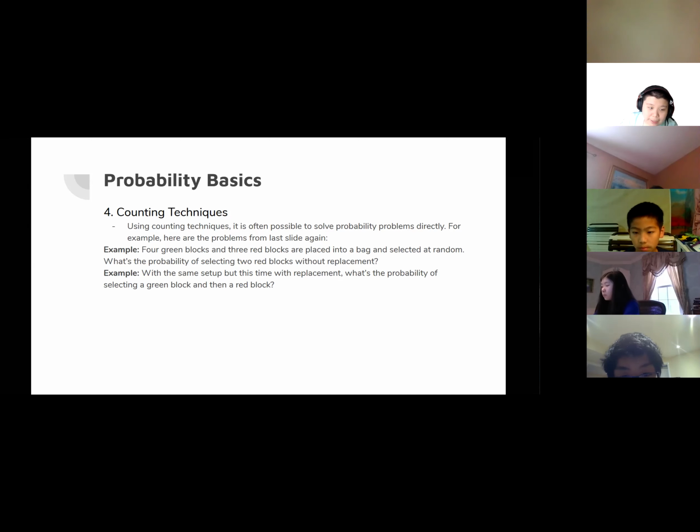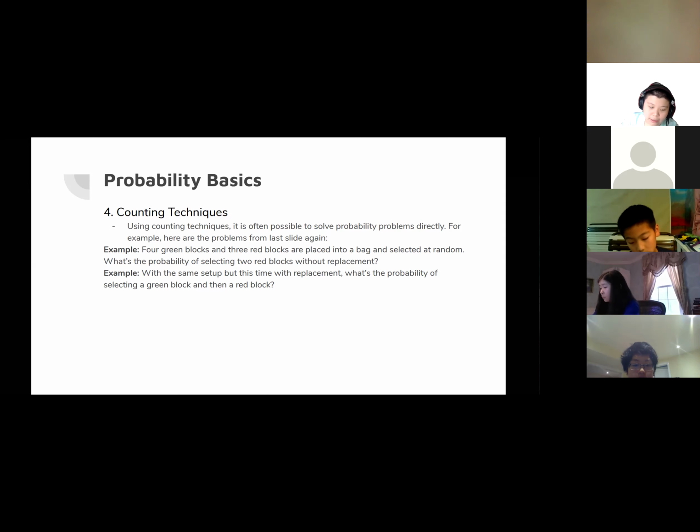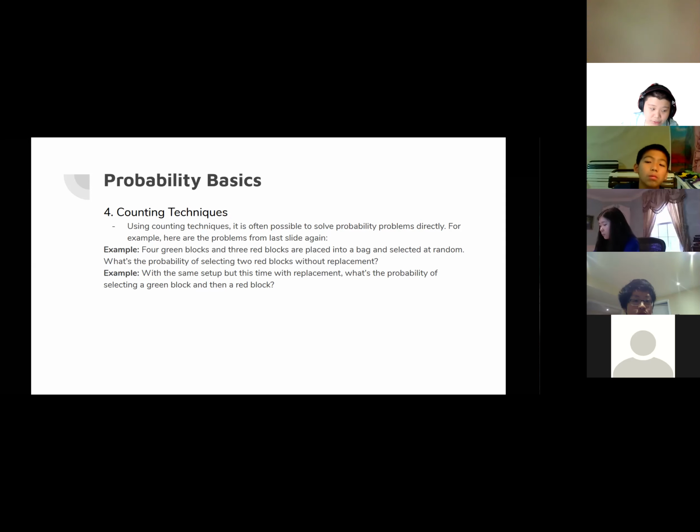Well, we're just multiplying, right? Remember the fundamental theorem of counting states that the number of possibilities for two things is equal to their product. So in this case, what's the probability we choose two red blocks without replacement?